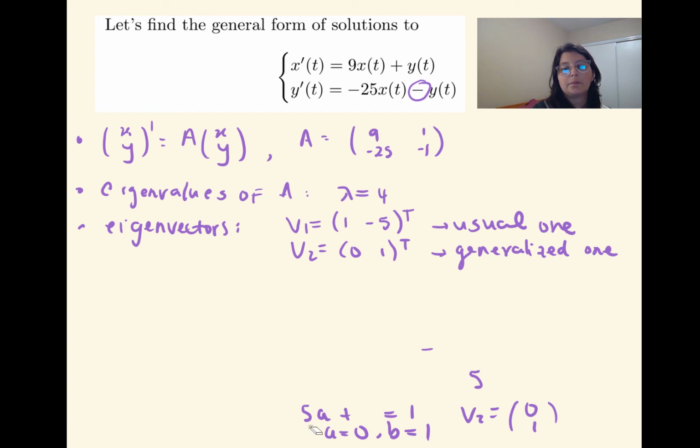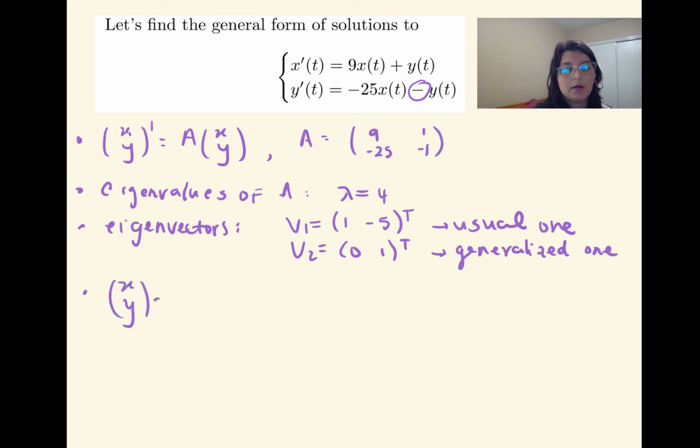Once we find eigenvalues and eigenvectors of the matrix, we can say that the functions x and y can be written in terms of all that information, in this case just one eigenvalue and the eigenvectors.